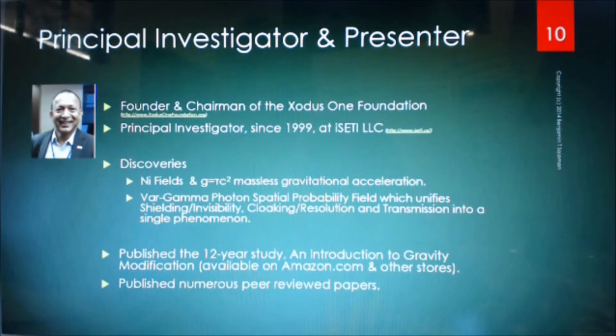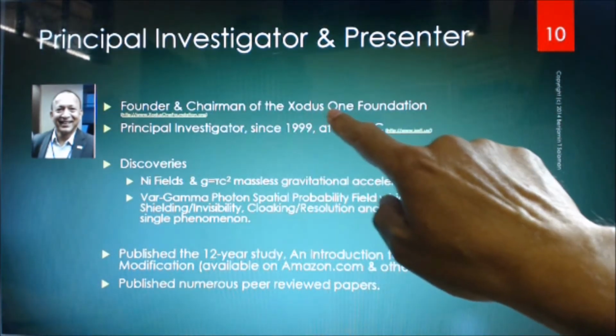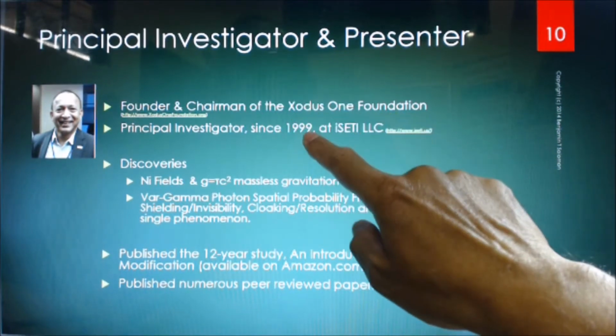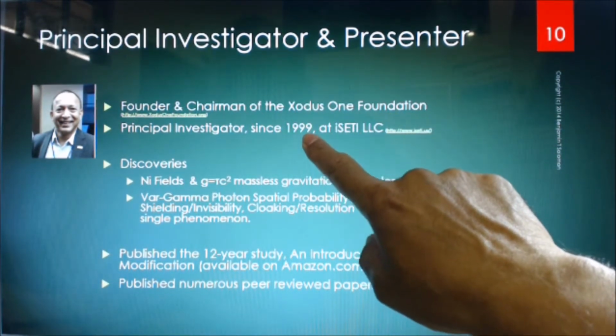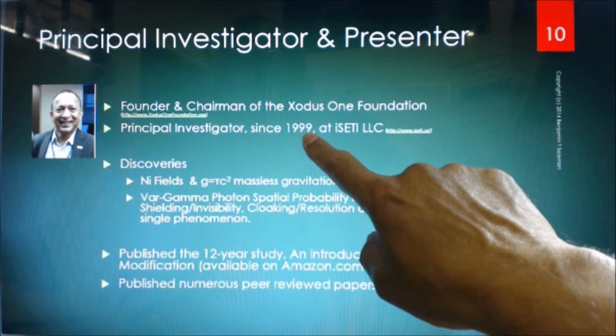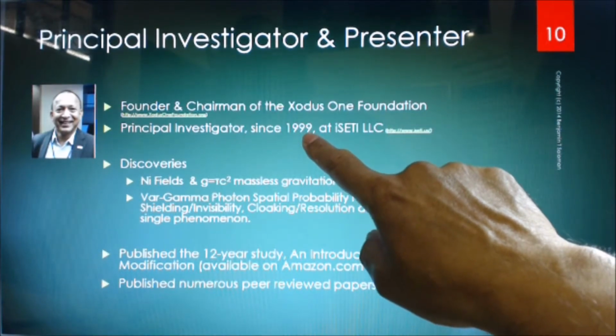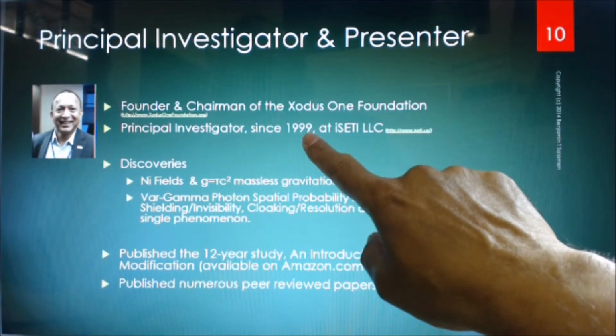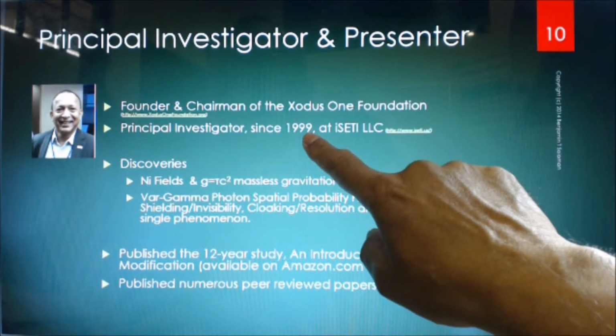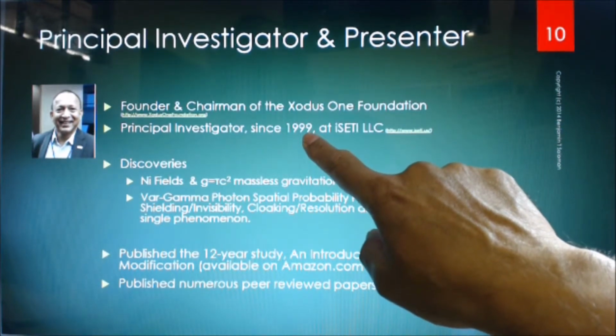I am principal investigator and the presenter. I am founder and chairman of the Exodus One Foundation. I've been researching gravity modification since 1999 and have published or presented a paper at a conference almost every year, 13, 14 papers at conferences to maintain a track record of what I've been doing.